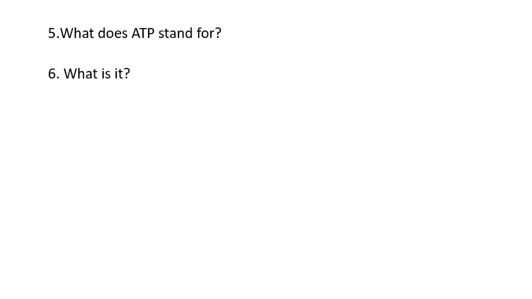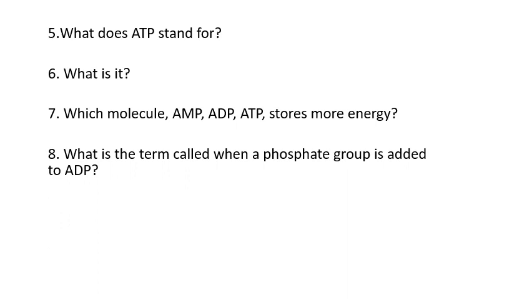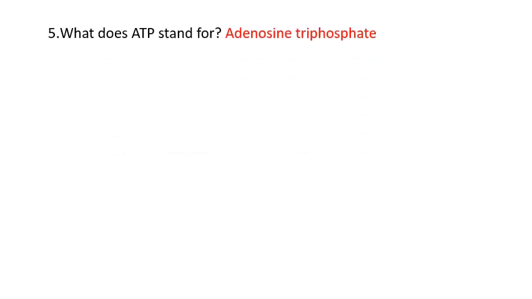Right, a few more questions here. What does ATP stand for? Which molecule, AMP, ADP, or ATP, stores more energy? And then what is the term called when a phosphate group is added to ADP? So here are your answers. ATP stands for adenosine triphosphate.